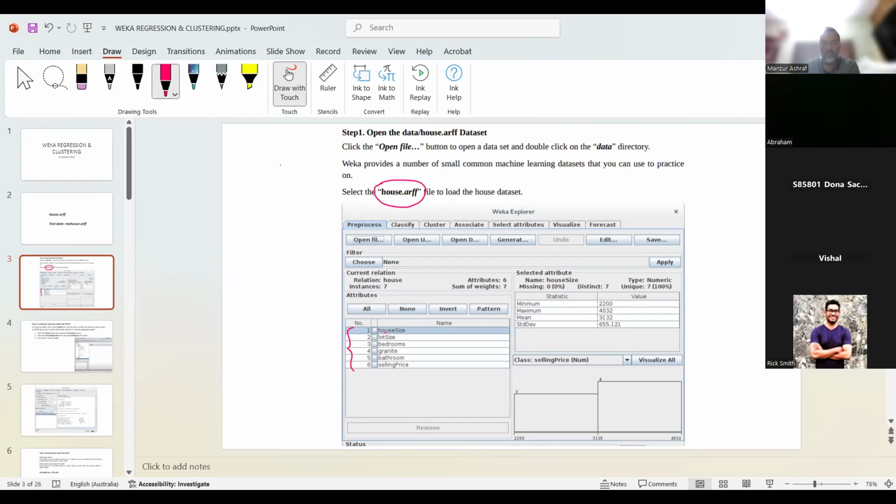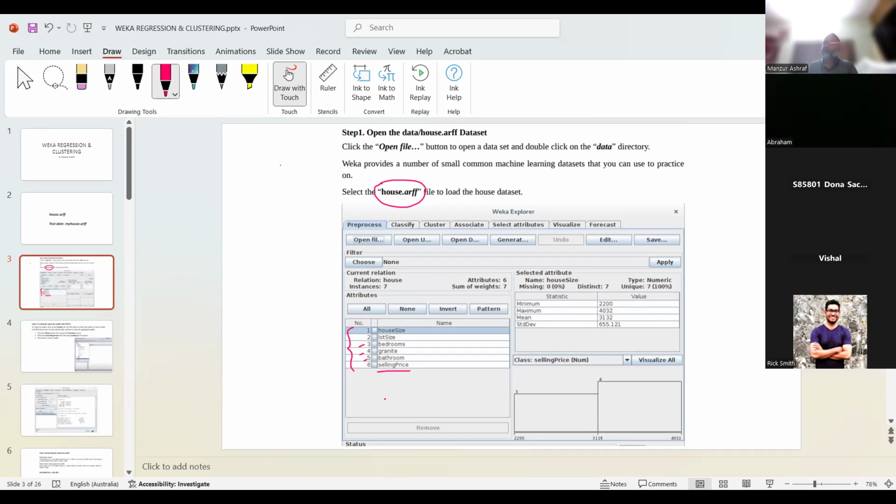House size is one thing, lot size for a particular property, and bedrooms, how many bedrooms. This is an interesting one: 2 bedrooms, 3 bedrooms, 4 bedrooms, and so on. Granite, whether the granite is there or not. How many bathrooms there are. And this is the conclusion, the selling price. So based on these conditions, this is the selling price of the house. Okay, so this is the data.